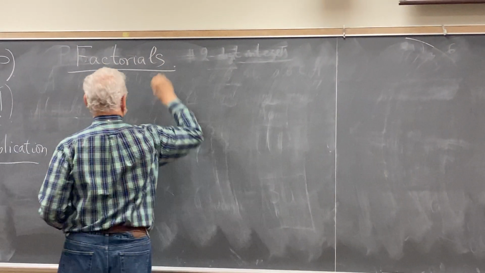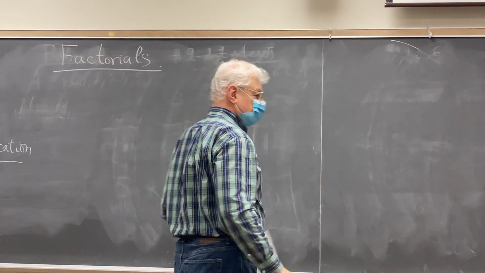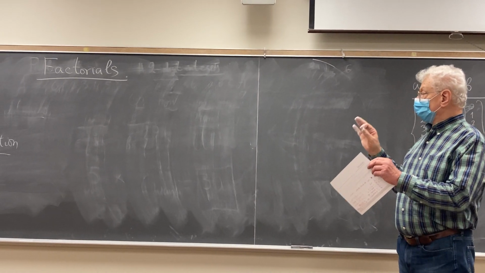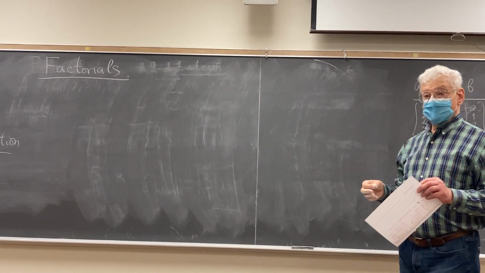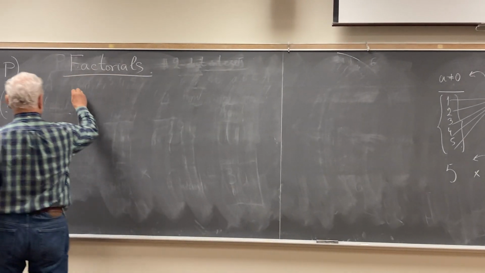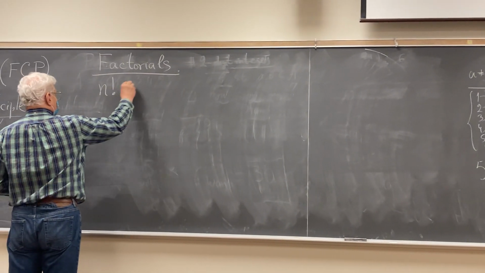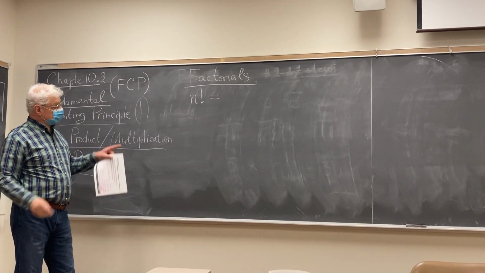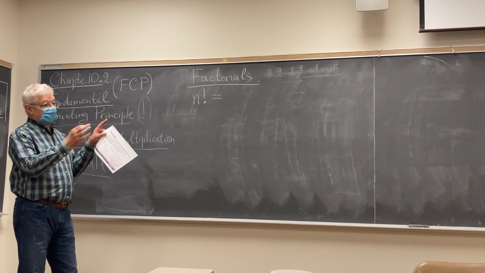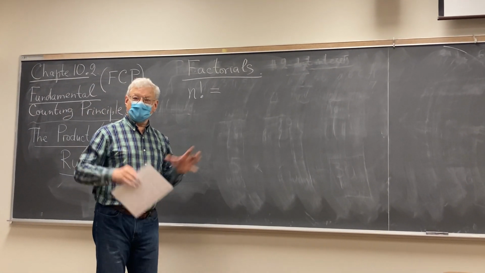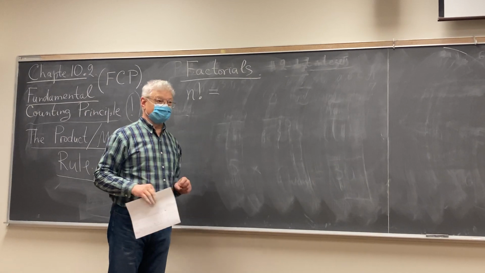Factorials. Okay, so first I explain it in an arithmetical way, and then we start applying it. So what is n factorial? So n is some number, and it's just a shortcut, just a symbol together with the exclamation sign. Don't say just n, it's n factorial.